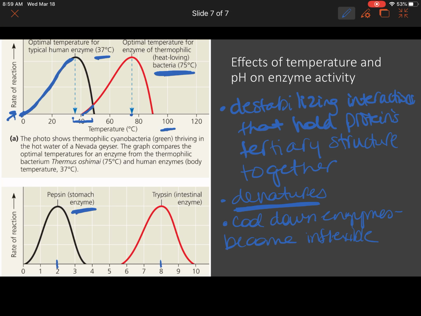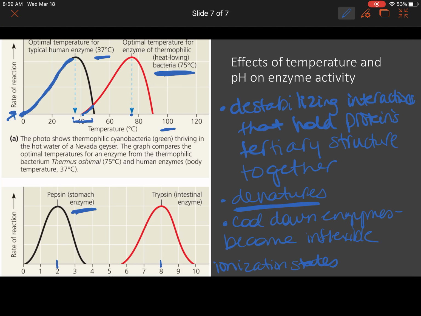And it's because when you change the pH, you are changing the ionization states. Let me just write that. So remember, our acidic amino acids have a negative charge, and our basic amino acids have a positive charge because they've either gained or lost hydrogen ions.